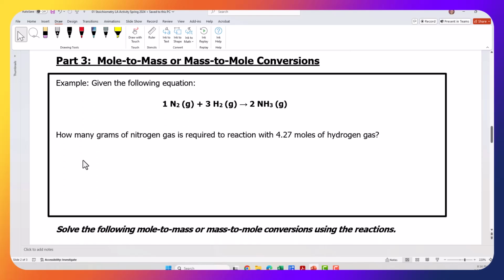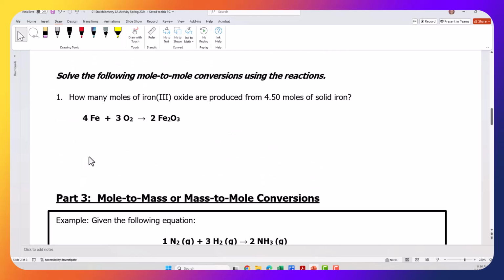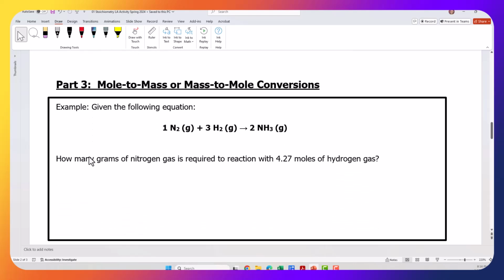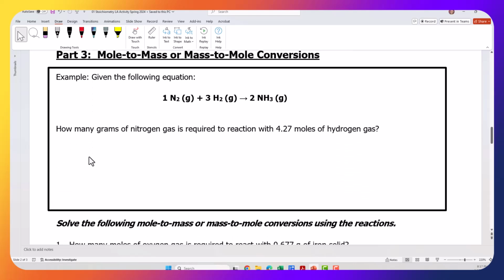Okay, here's another example. You have some problems in between. And here's the other example for part 3. Again, Haber-Bosch, how many grams of nitrogen gas are required to react with 4.27 moles of hydrogen gas?